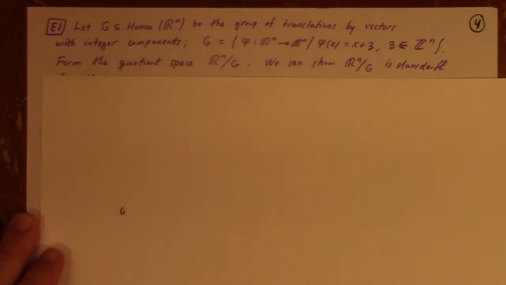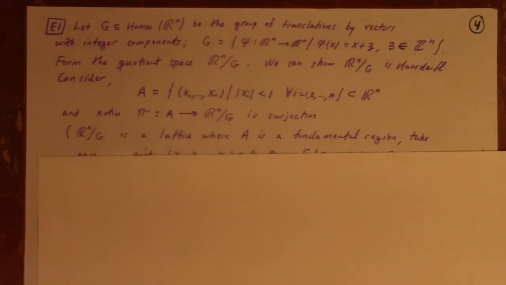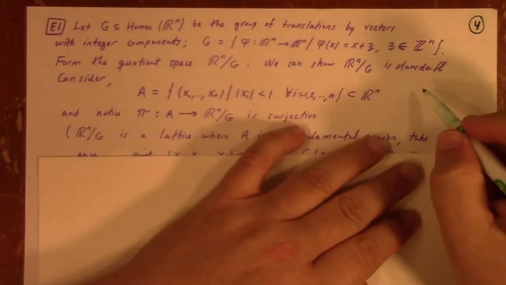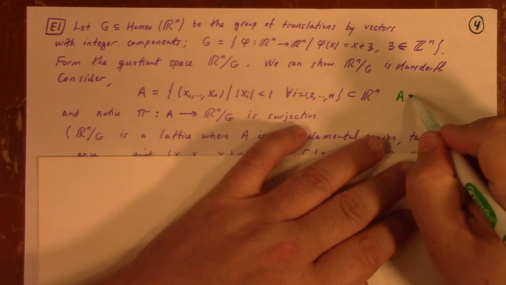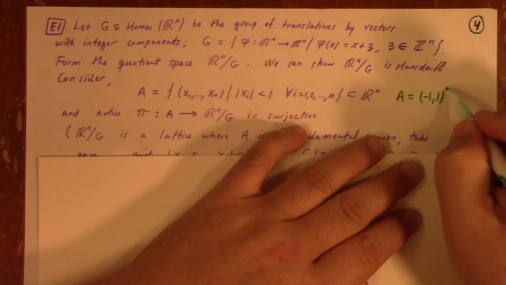And so you can form the quotient space R^n by G, and we can show that R^n by G is Hausdorff. So if you consider A to be the subset of R^n which is given basically by the absolute value of components being less than 1, I believe you could have just said A is equal to the n-fold product of minus 1 to 1, right?